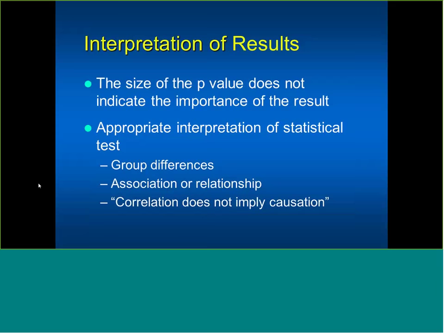Or if it's a correlation, then that's a correlation or a relationship. And of course, remember that correlation does not imply causation. A lot of journalists, when they report research studies in the media, make this jump that just because something is correlated, they infer cause and effect, and you really can't. So you don't want to overreach the conclusions that you're entitled to make.